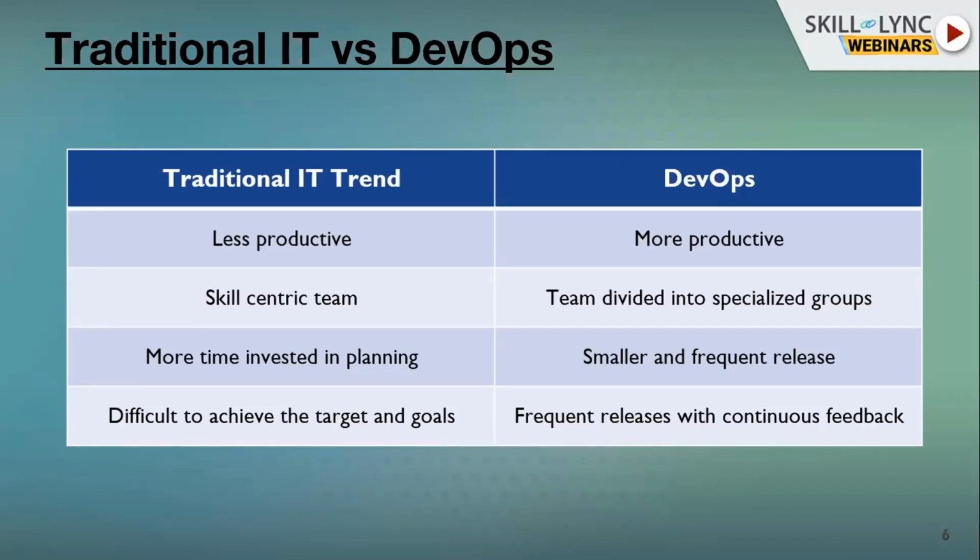In the traditional IT trend, we only have a release after the end of development and testing. For example, if we plan it today, the end product will get delivered after 9 months, and in this process of 9 months my requirement might change.